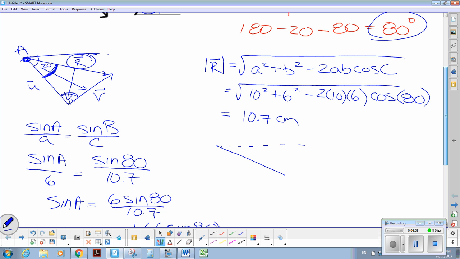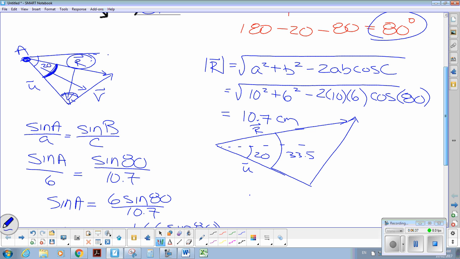This angle here with the u vector was 20 degrees, and my resultant inside that triangle was actually a total of 33.5 degrees. So my resultant actually should have been pointing upwards. You have to be careful with your diagram, because sometimes the diagram doesn't match what actually happened. So my picture should actually look more like this than how I drew it.